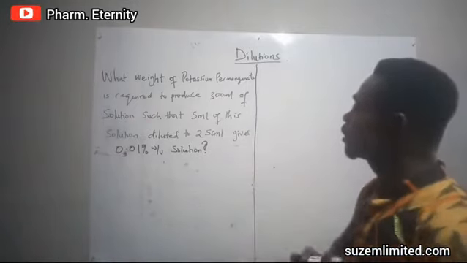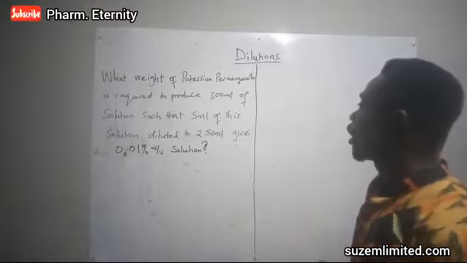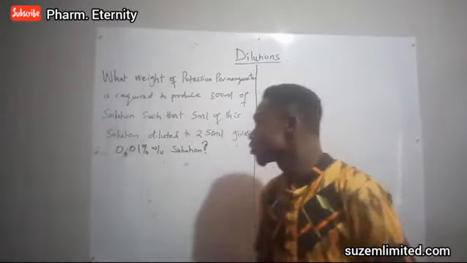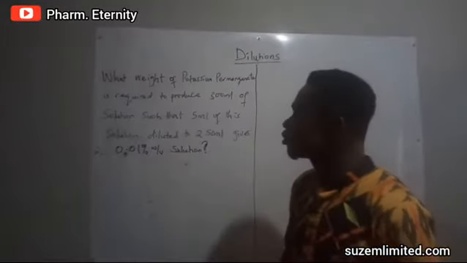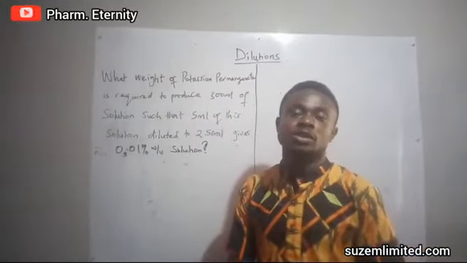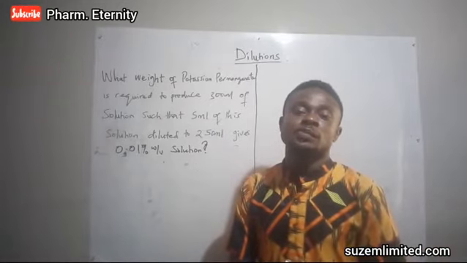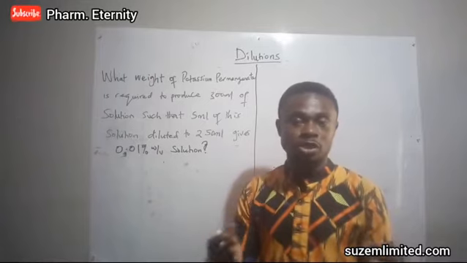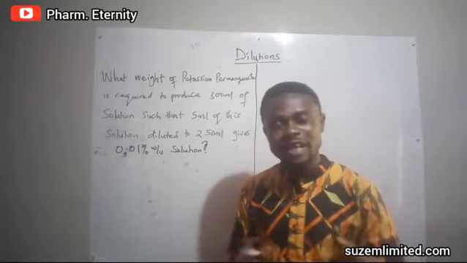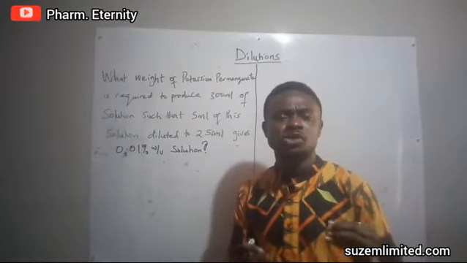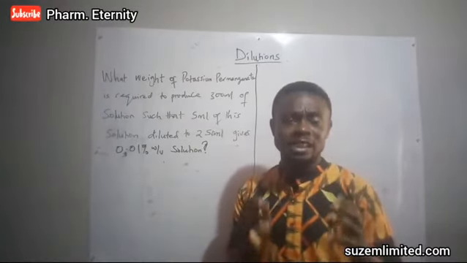To tackle this type of question, I want to point out one or two things in dilution. In dilution, a particular product's volume or the amount is being increased without actually altering the amount of the ingredients in that product.